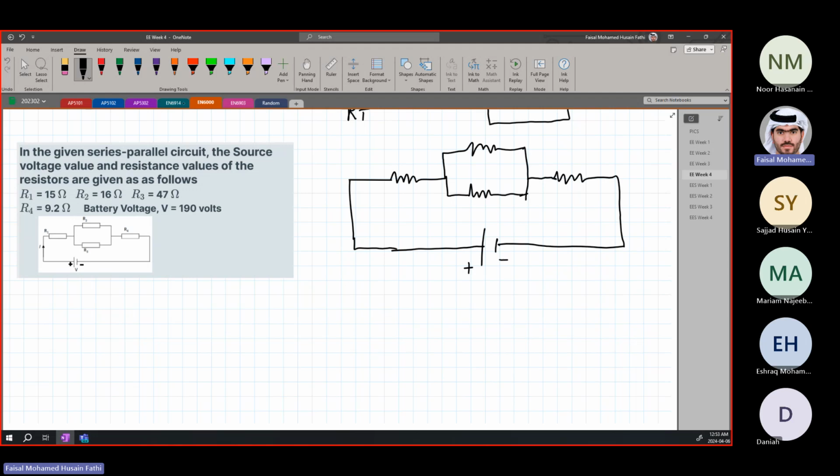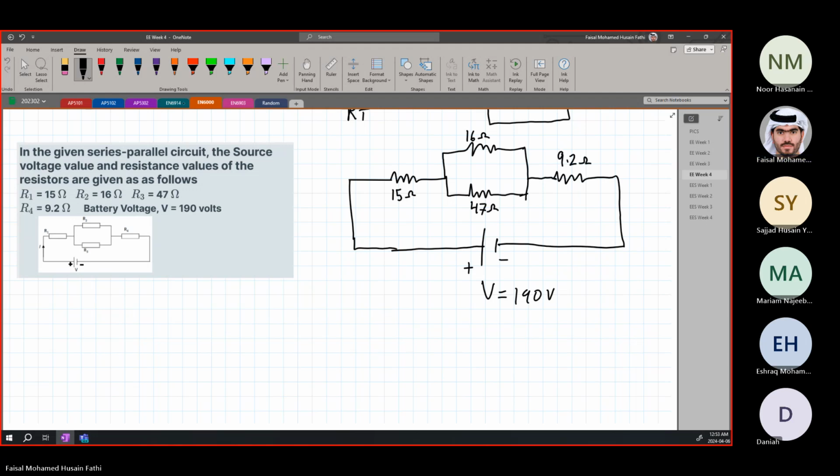In a battery, plus is always the larger end, always, and the smaller end is a negative. A battery is a DC source. معطينا الفولتج يساوي 190 volts. And this is R1, which is 15 ohms. This is R2, which is 16 ohms. R3 is 47 ohms, and R4 is 9.2 ohms.